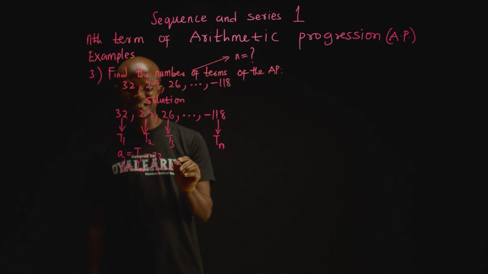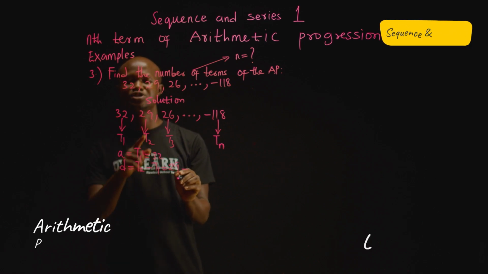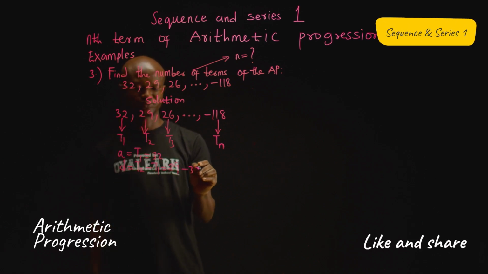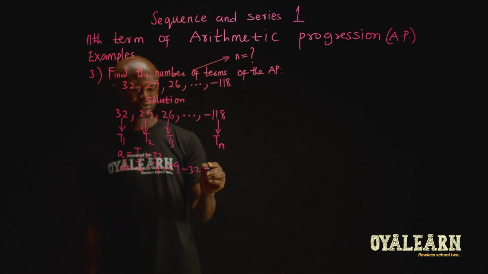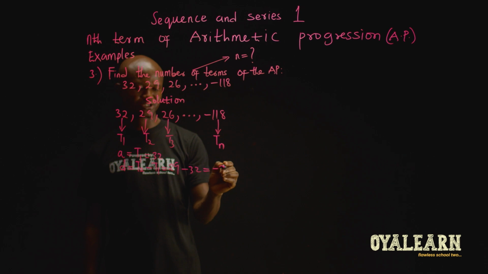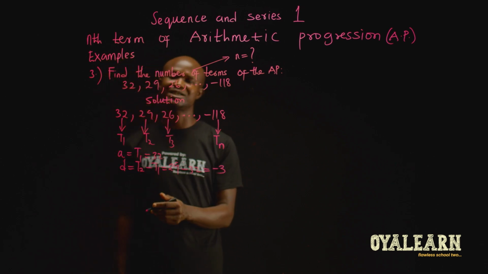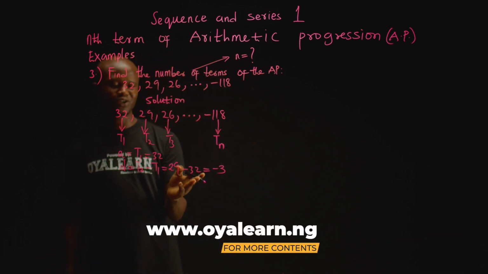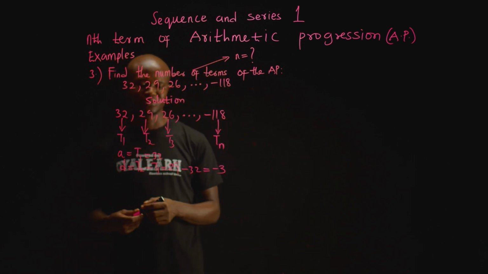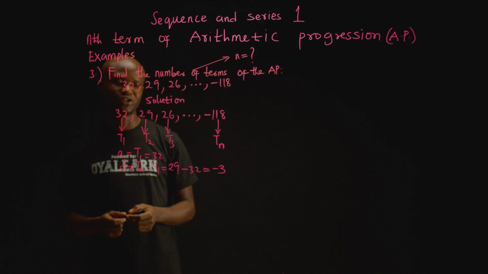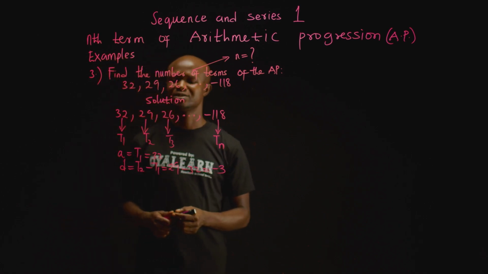That will be 29 minus 32, which gives us minus 3, because 32 is greater than 29. When you take a bigger number away from a smaller number, you have a negative result. So we have minus 3 as the common difference.